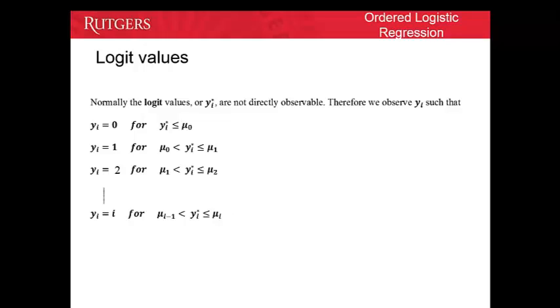So instead of considering the probability of an individual event, we consider the probability of that event and all the events that are ordered before it. In other words, in ordered logistic regression, the event of interest is observing a particular score or less.